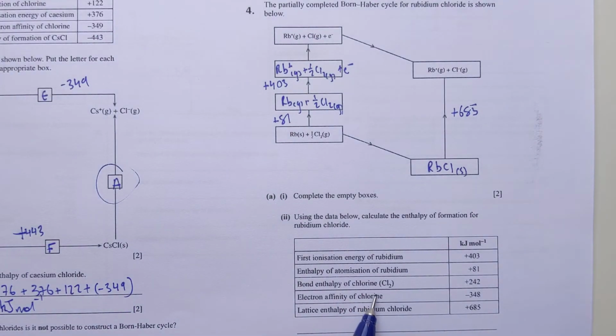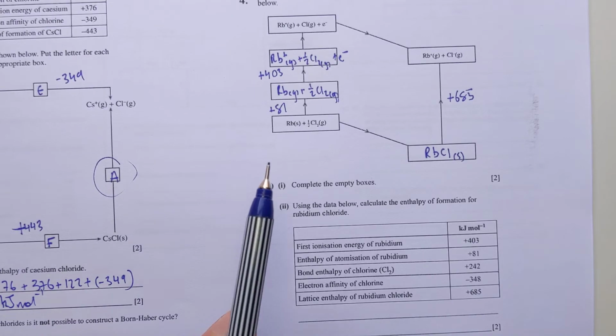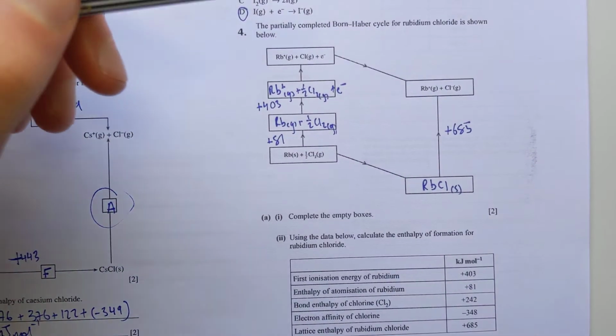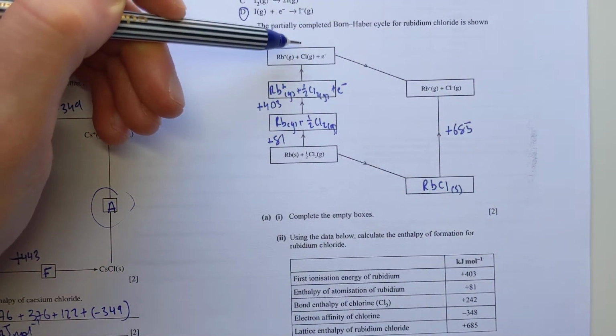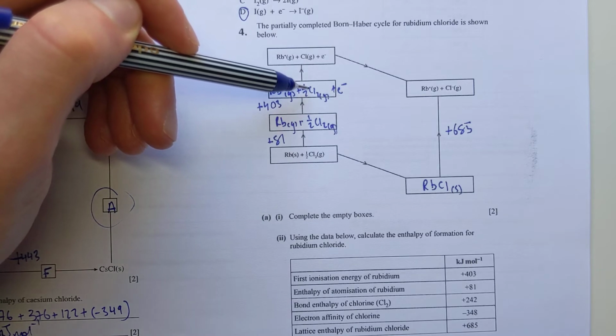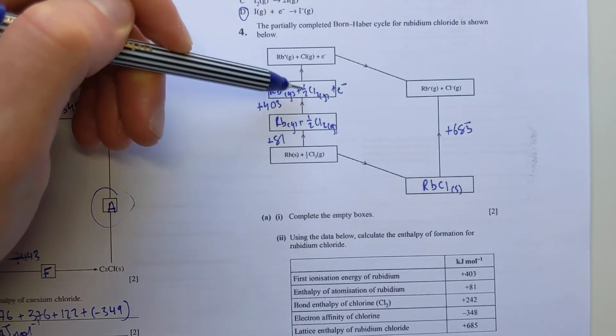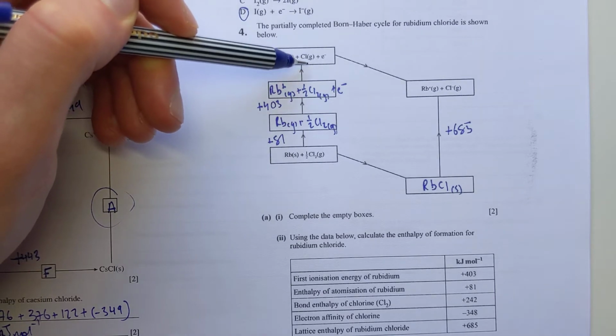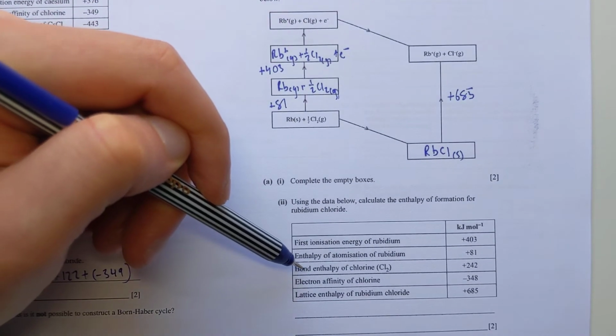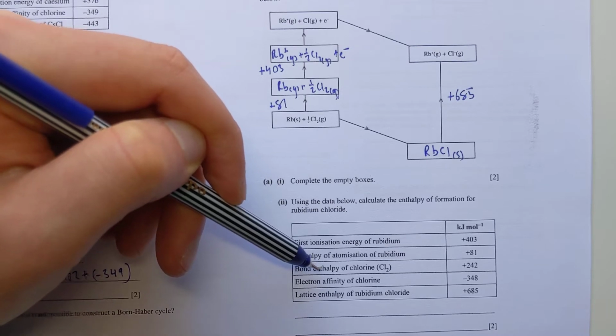The bond enthalpy of chlorine, again, looking a wee bit careful here. This is our first example where it doesn't actually match up perfectly. Think about this change here. We're going from half a mole of chlorine molecules into 1 mole of atoms. That is the atomization energy for chlorine, forming 1 mole. What we've been given is the bond dissociation enthalpy, which is breaking 1 mole of chlorine bonds.